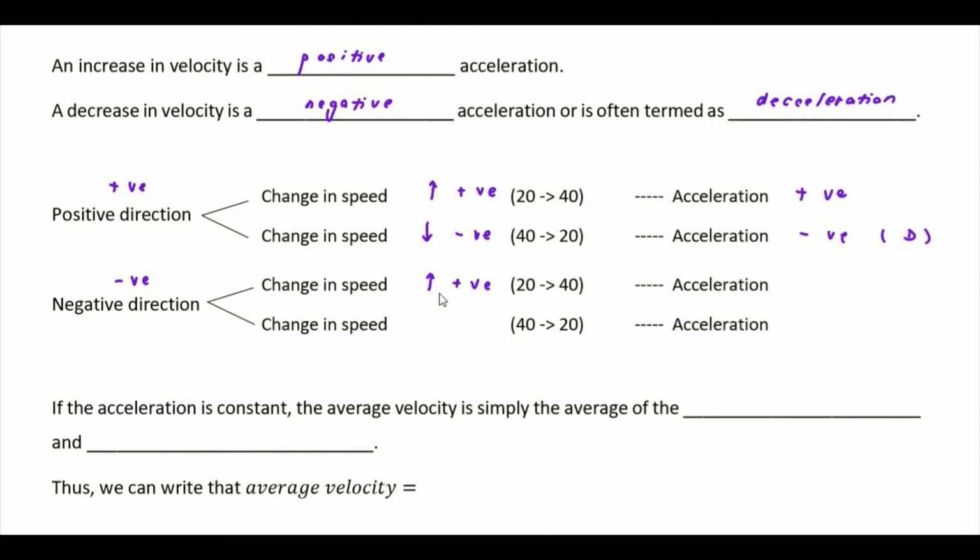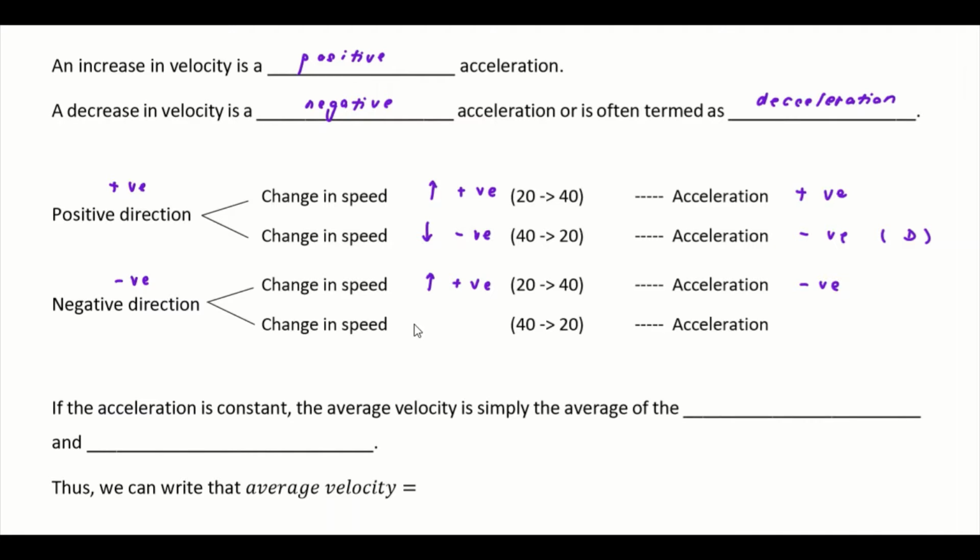But what happens here is that although the object is speeding up, it's in the negative direction, so the acceleration will be a negative number. You must remember that a positive acceleration doesn't mean that the object is speeding up, and a negative acceleration also doesn't mean that the object is slowing down, because it involves changes in direction as well.